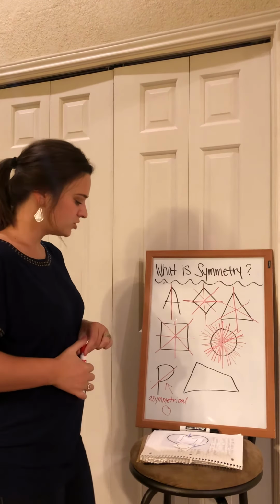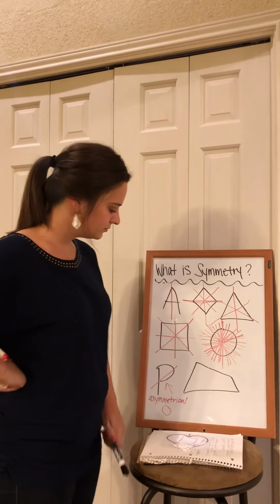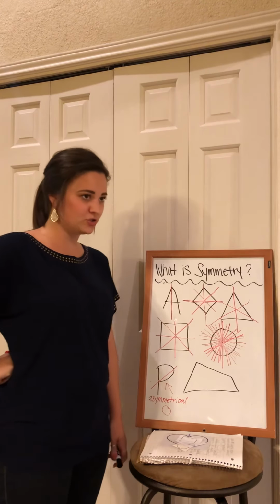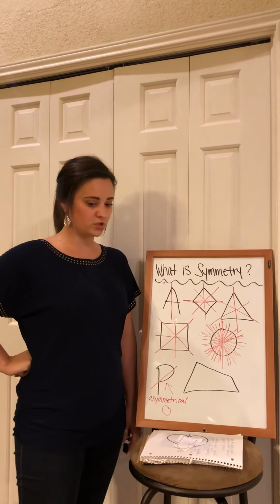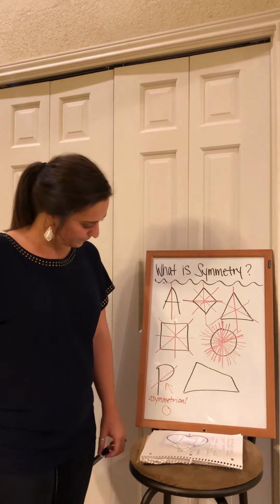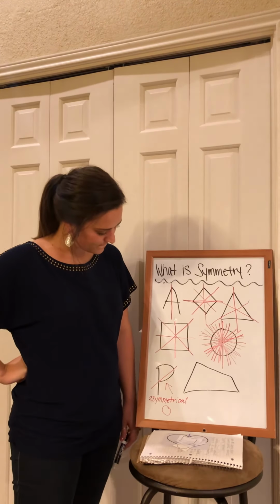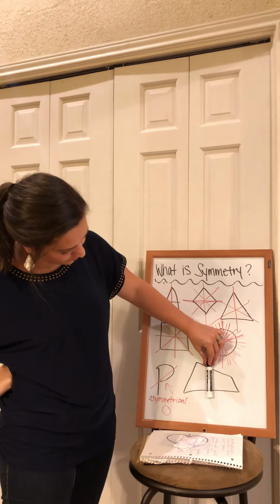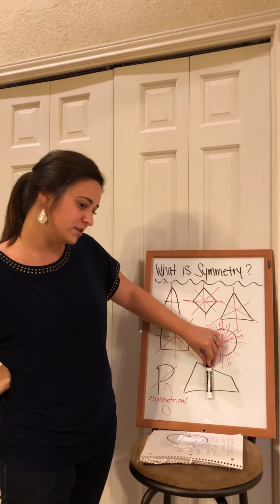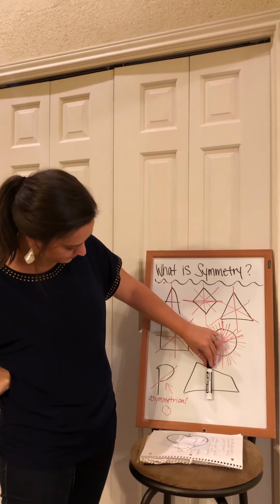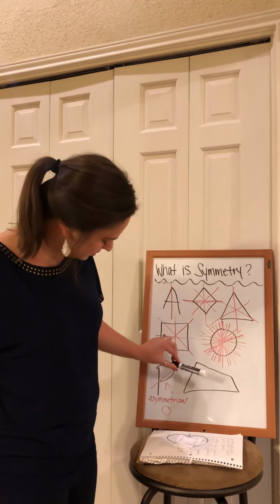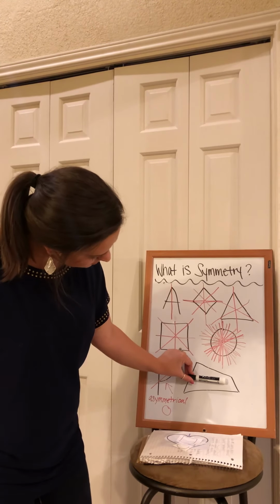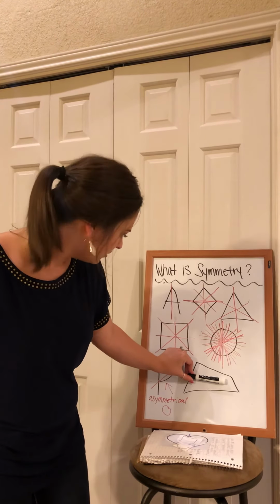Okay, now let's look at the quadrilateral. Where can I place a line of symmetry in order to make two mirror images? Can I place it right here vertically in the center? What about horizontally in the center? No, that's not gonna work either.